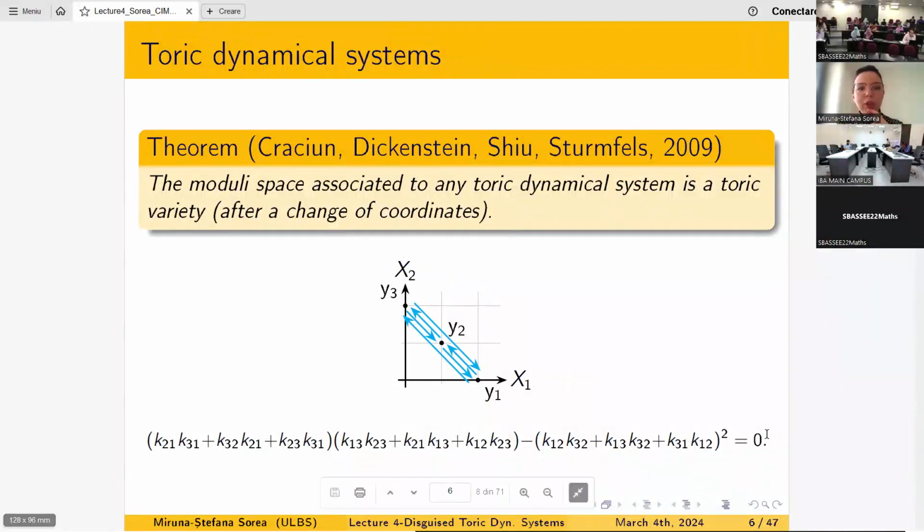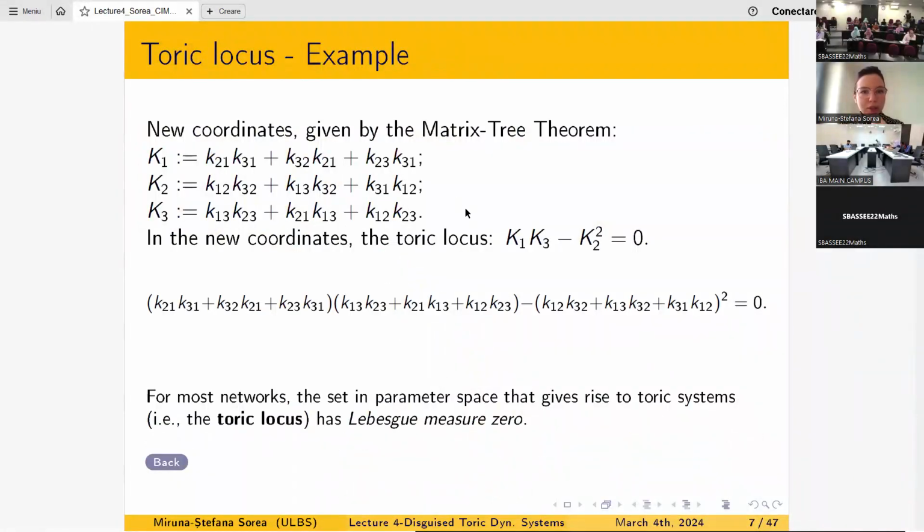So essentially, the toric locus is this hypersurface. And just remember this change of variables with the spanning trees, or more generally, the matrix tree theorem gives us this, and you can read more in the paper by the 4 authors I mentioned before.